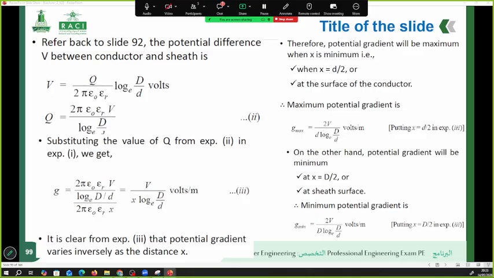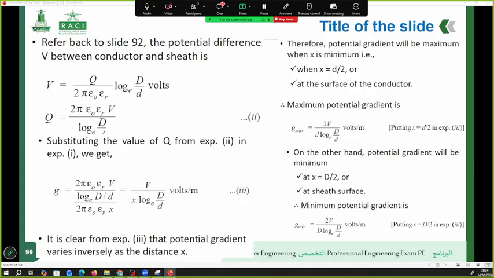It is therefore clear that the dielectric stress is not uniformly distributed across this insulation. It is highest at the conductor surface and gradually decreases toward the shields. So this non-uniform distribution is an important consideration in cable design, since the insulation near the conductor must withstand the highest electrical stress.